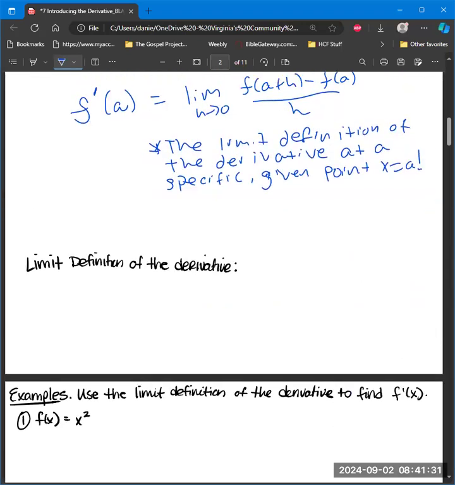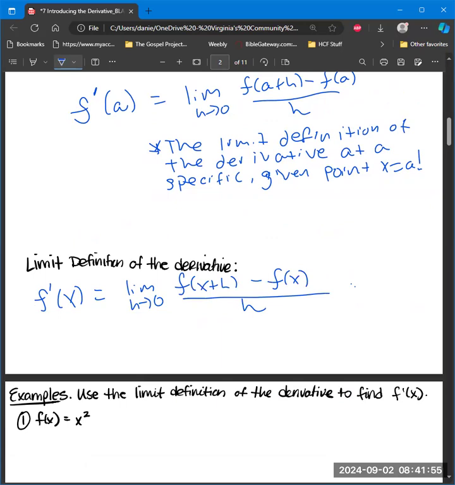If we want the limit definition of the derivative not at a specific point, then we want f prime of x is equal to the limit as h approaches 0 of f of x plus h minus f of x divided by h. And this is going to be the one that we're going to be using most often.